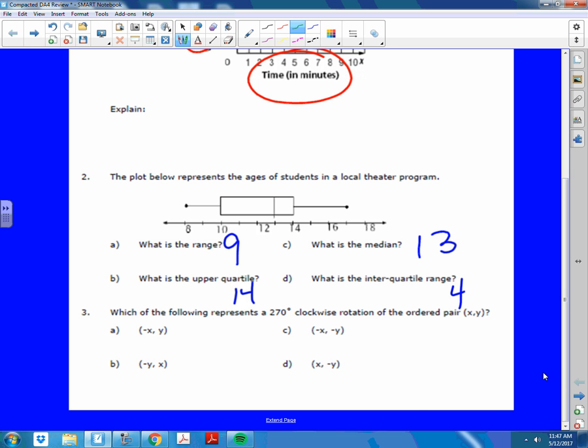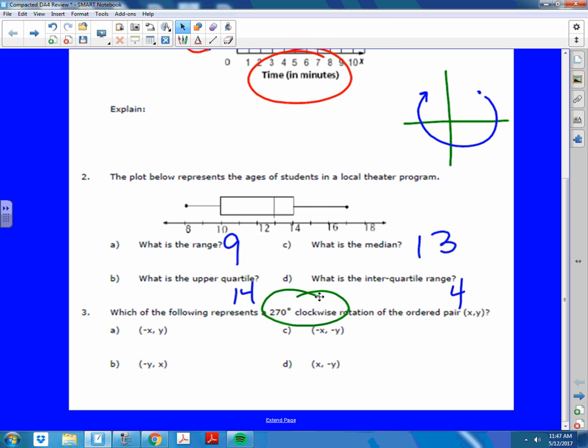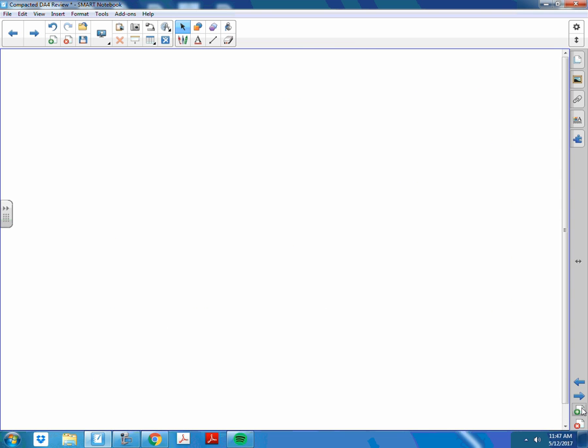If you rotate something 270 degrees clockwise, assume we're starting here, then 270 degrees clockwise lands it there, which is a change from (x, y) to (negative y, x). Now, does anybody not remember the rule associated with clockwise or counterclockwise rotations? Why would you get negative y, x? If it's negative y, wouldn't the y be below the x-axis?